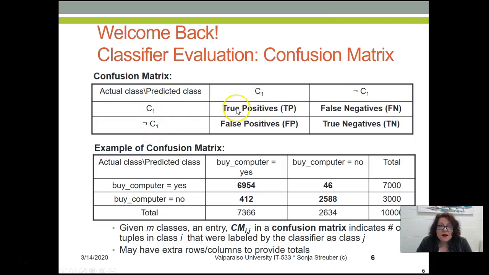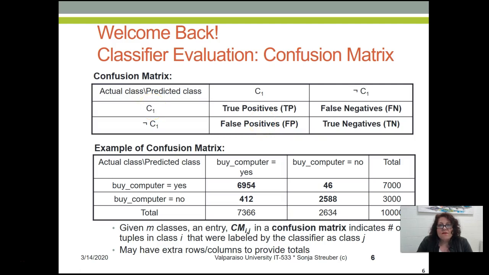This gives us our true positives, that is the positives in a binary model that were identified correctly, our true negatives in a binary model, the negatives that were identified as actual negatives, and it shows us our type 1 and type 2 errors, namely our false negatives and our false positives.